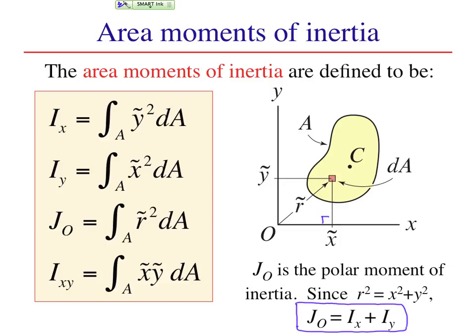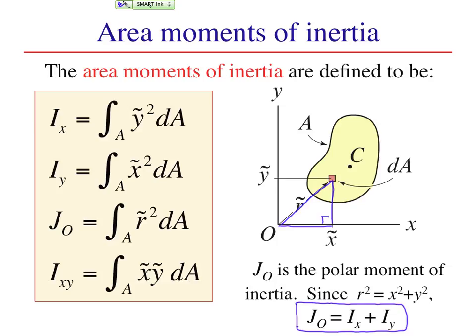We can see that r tilde squared will be x tilde squared plus y tilde squared, and so we can make a direct substitution into J0 of r tilde squared equals quantity x tilde squared plus y tilde squared, and then separating those out into two different terms will give us this expression J0 equals Ix plus Iy.